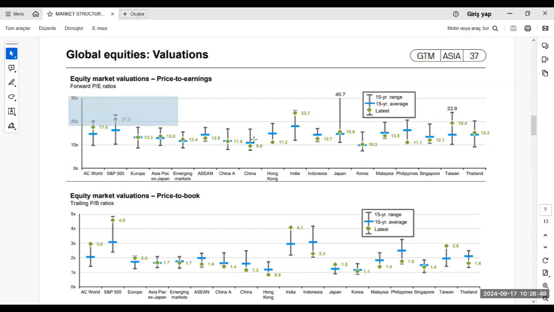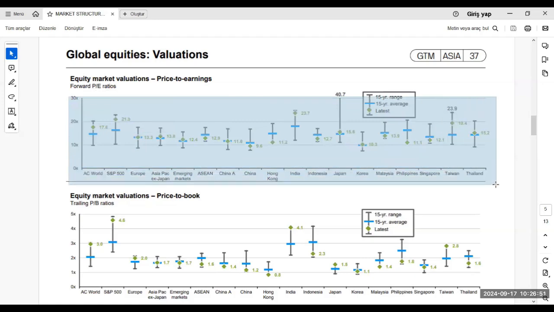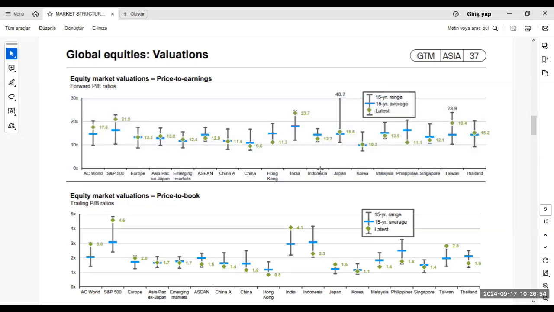Please look at the different regions in the financial market and try to understand in which market the price earning ratio is hugely high compared to other regions in the world. Please look at the black bar showing the 15-year range, the blue line showing the 15-year average, and the green dots showing the latest value.